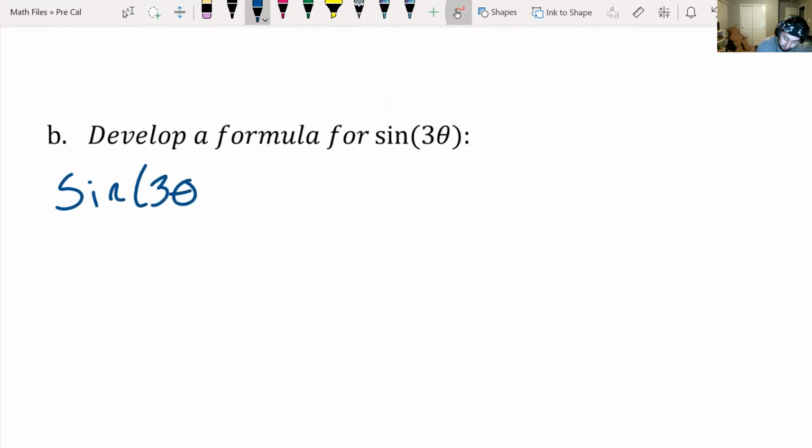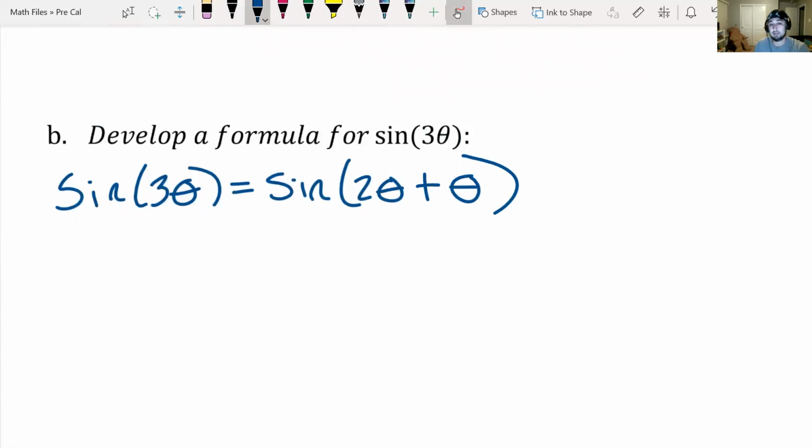will become sine of 2 theta plus theta. That's it. Because 2 theta plus theta is 3 theta. Okay, now expand this by the sum formula.